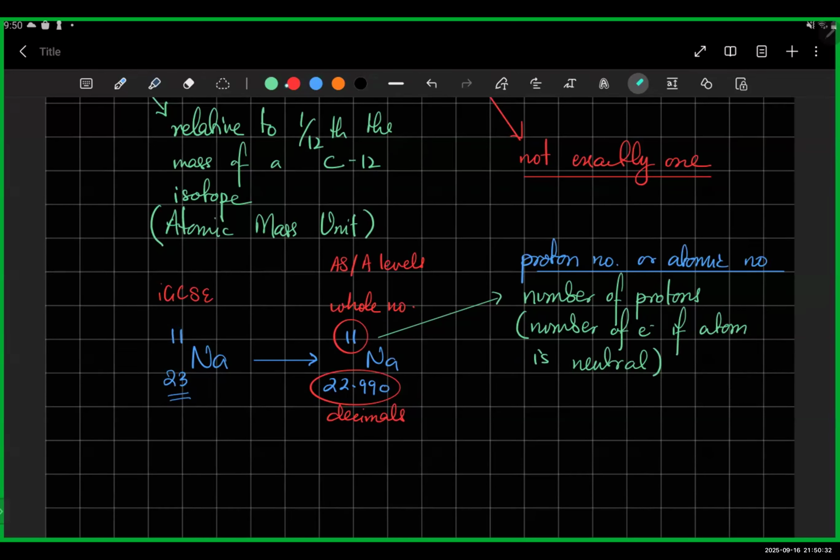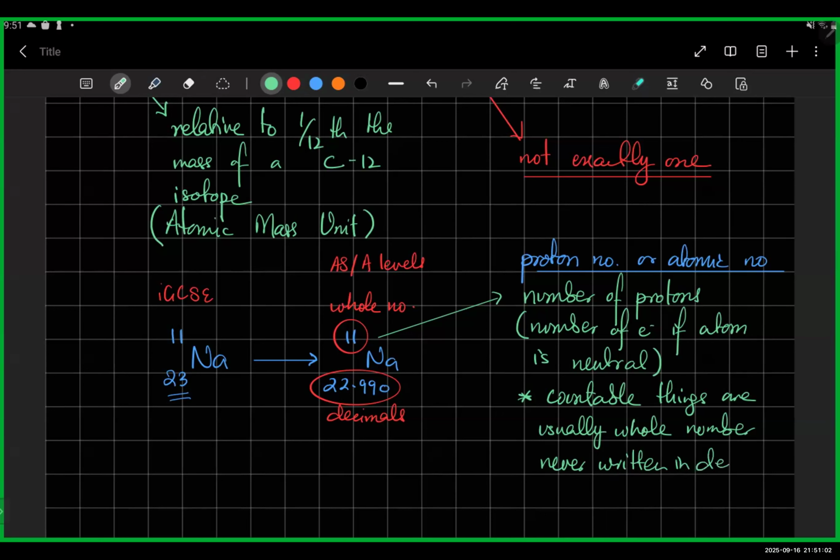The reason that's a whole number is when you're counting things, countable things, the number of protons, countable things are usually whole numbers, and they're always kept that way. They should never be written in decimals. Cambridge is very particular about this.